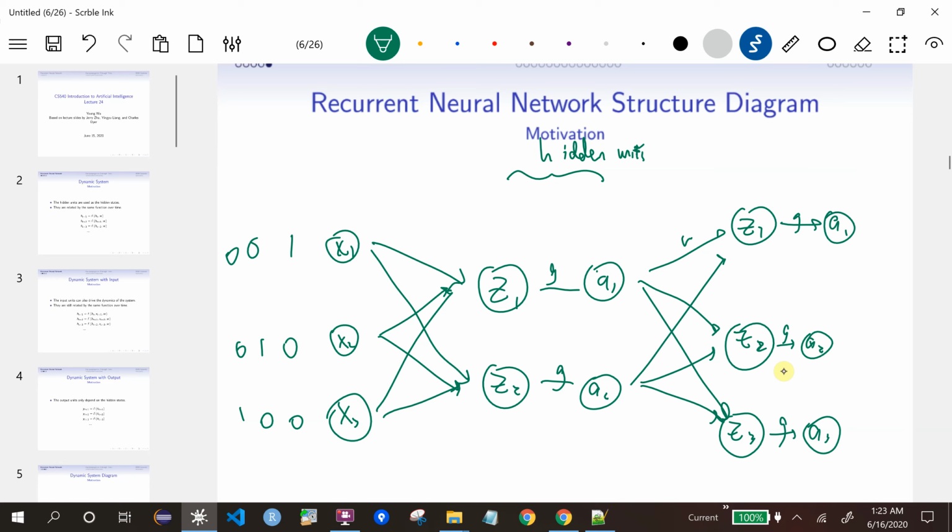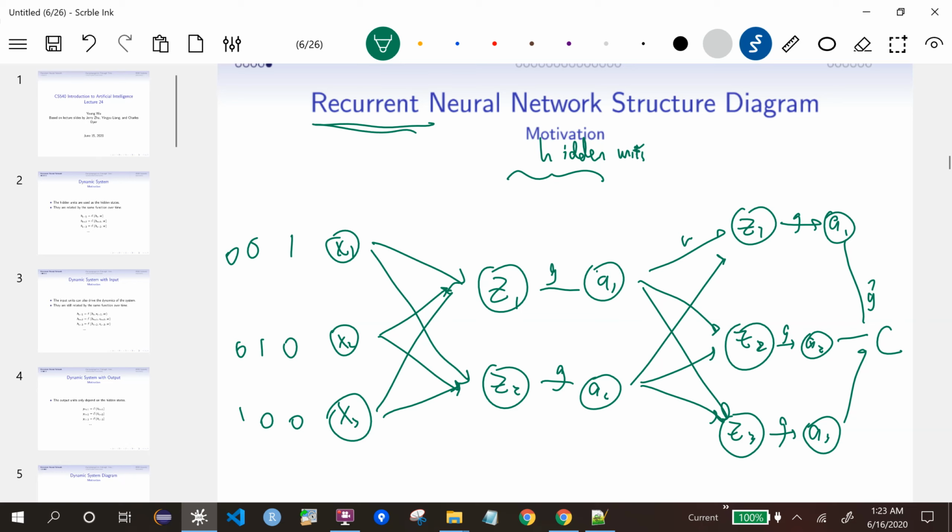And at the end, each one of these A can be used to compute a cost. We can just combine them and subtract by the actual label Y, and we get a cost. So that's basically the structure of a regular neural network.